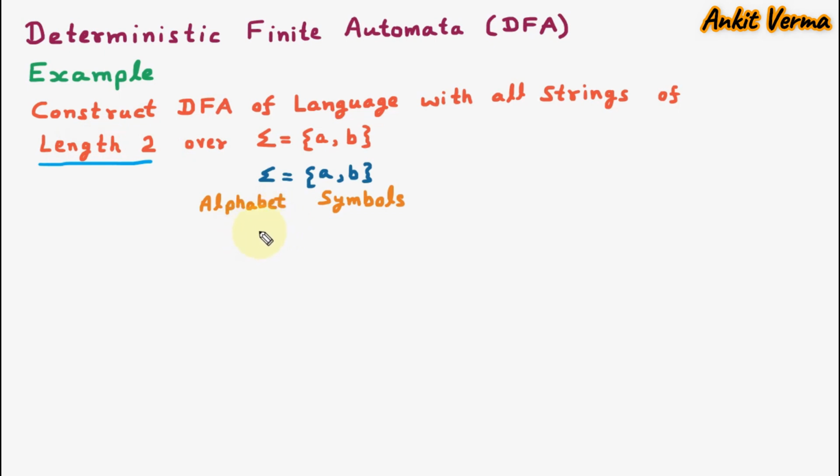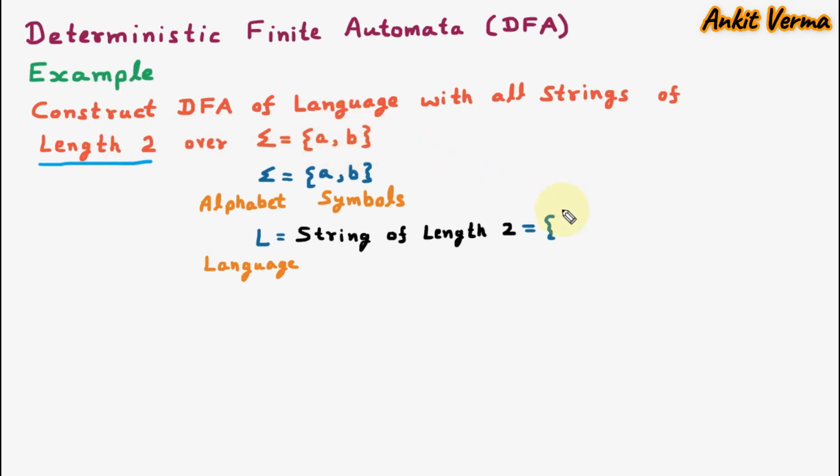Now we are going to generate the language. I am taking L, which signifies the language, and the language is the set of all strings of length 2. We have to generate the strings from a and b.